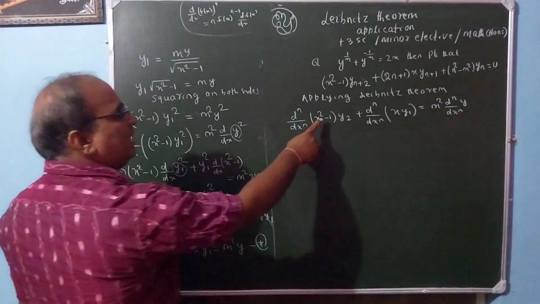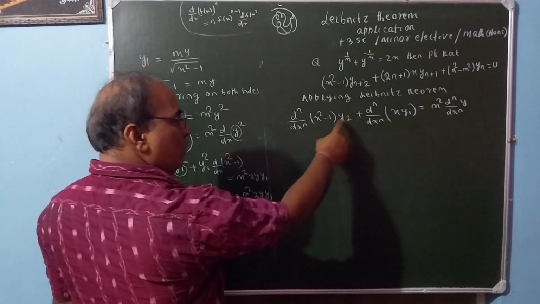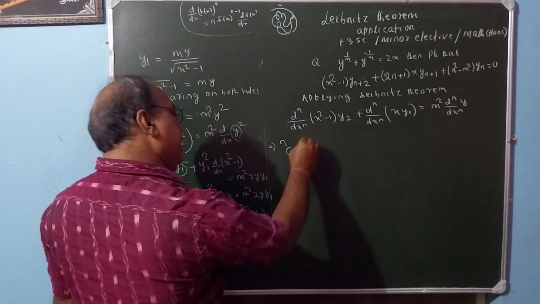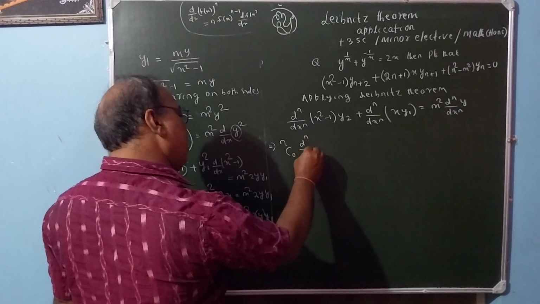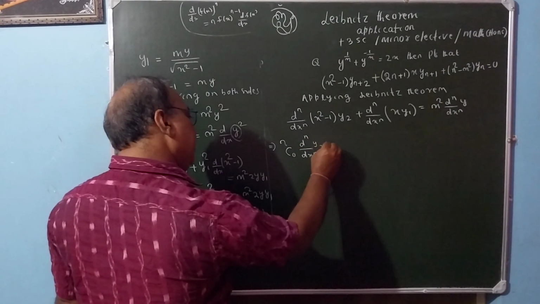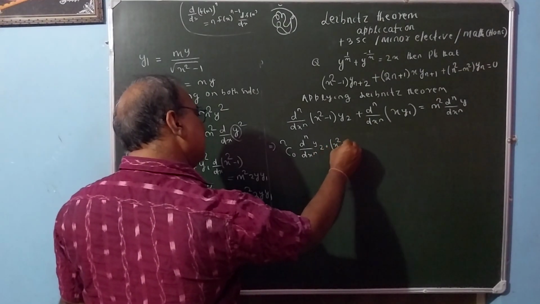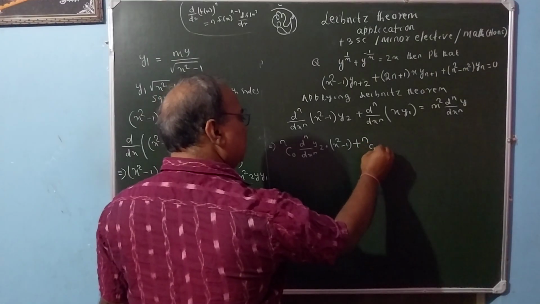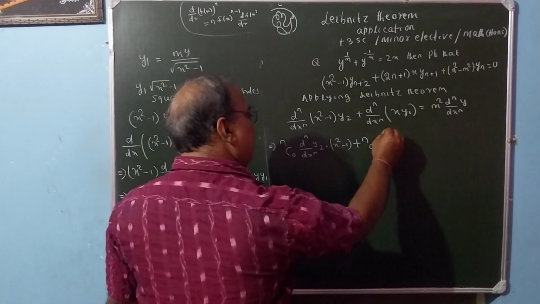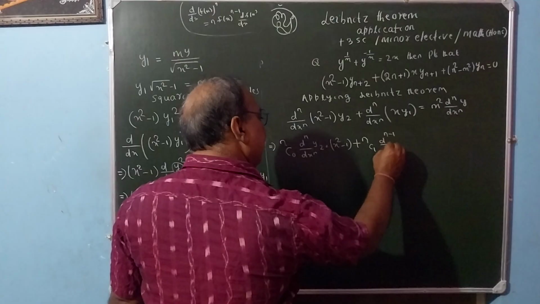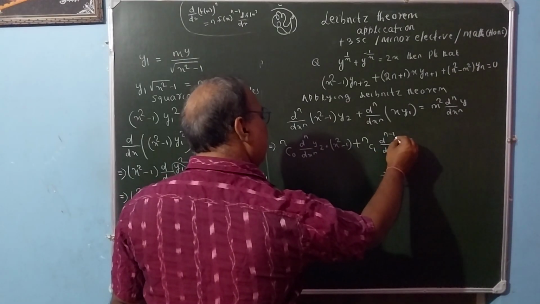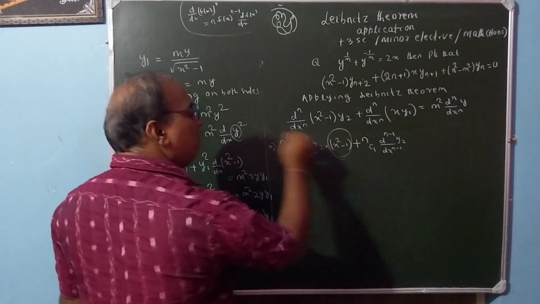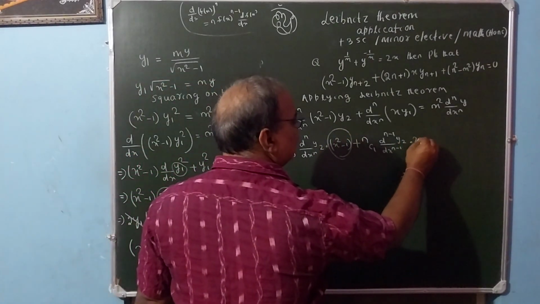Okay, so now applying Leibniz theorem. Here it is u, here it is v. Write down nC0 d to the power n by dx to the power n of y2 into v, v means x square minus 1, plus nC1 d to the power n minus 1 by dx to the power n minus 1 of y2 into v1, v1 means derivative of this, it is 2x.